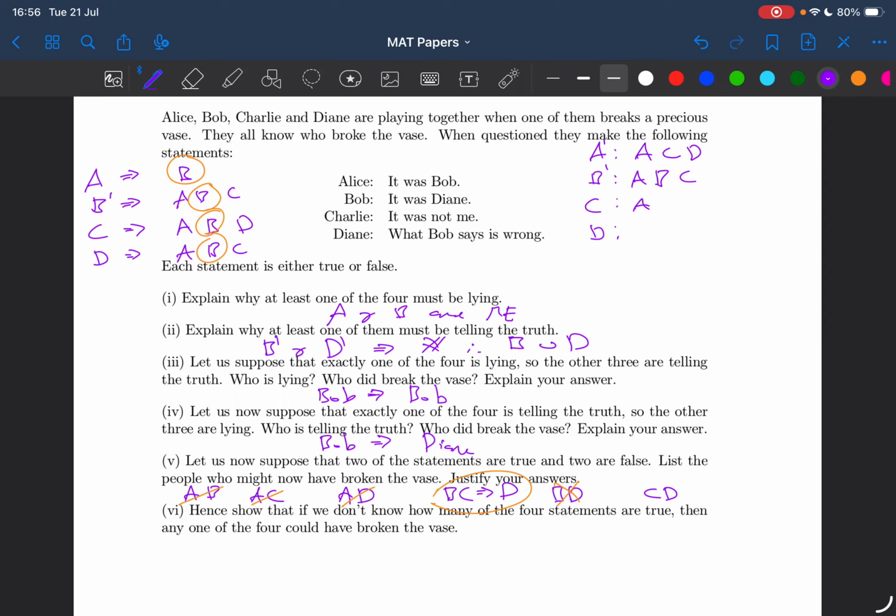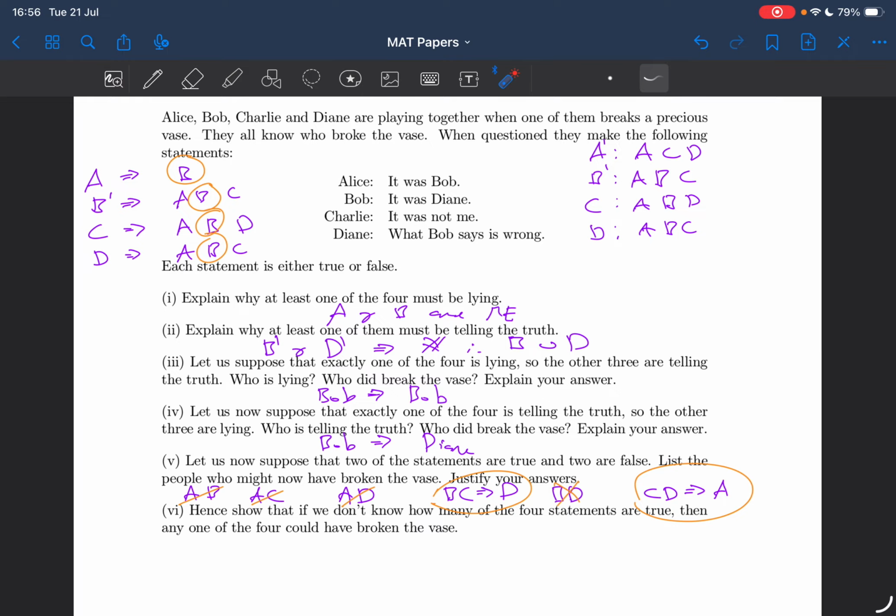It wasn't him, so it must be A, B, or D. What Bob says is wrong. It was Diane, so it's not Diane. So A, B, C. So in this case, we have Alice must be the breaker, the only one that is a possibility in all of them. That implies A. Nice. Is that everything we need?